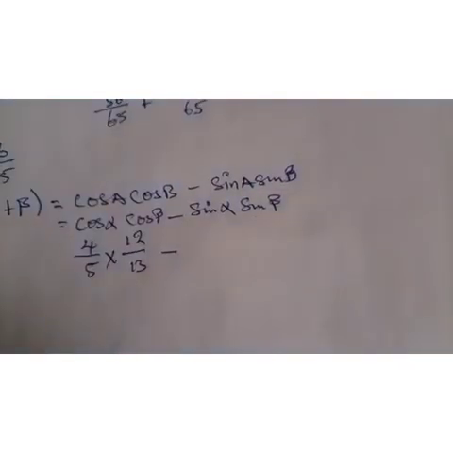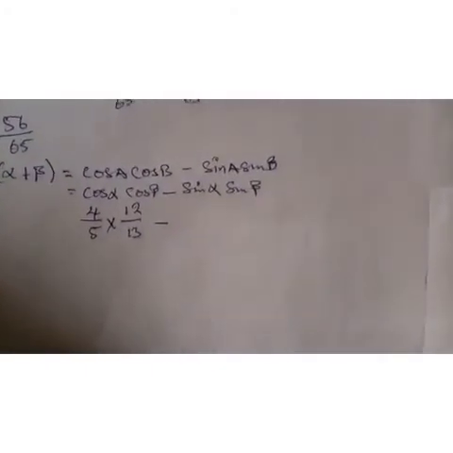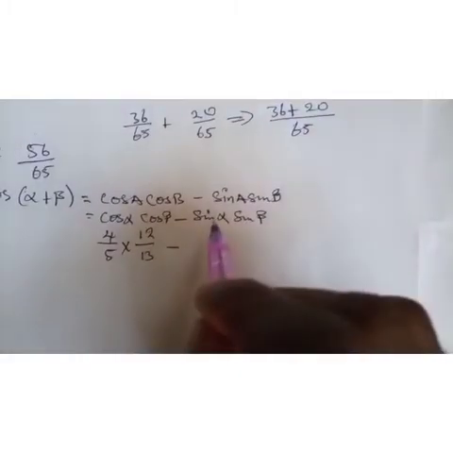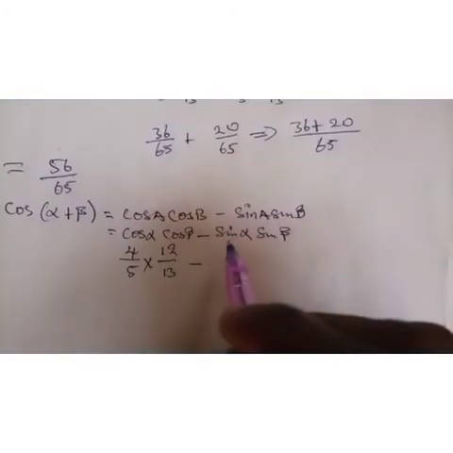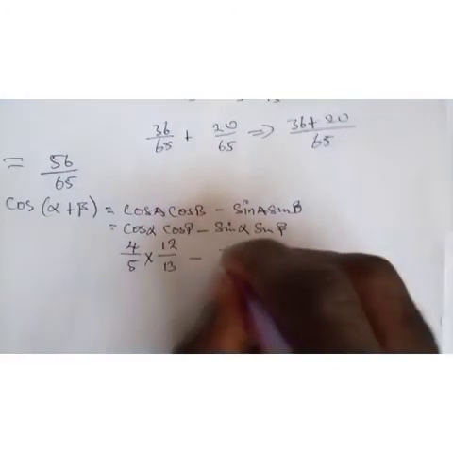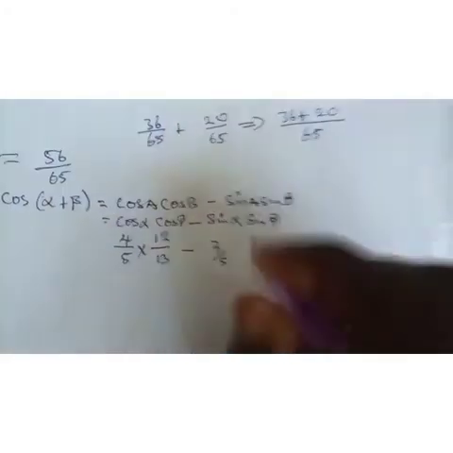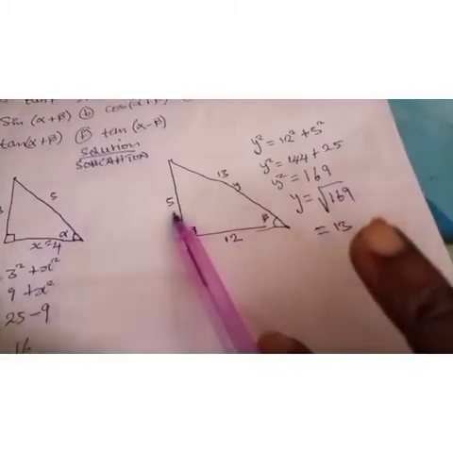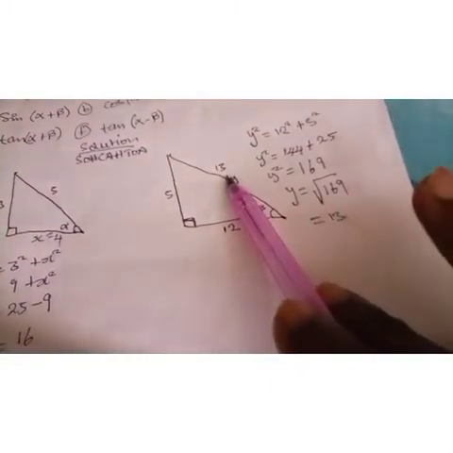Then we are going to subtract sine alpha, which as given in the question is 3/5, times sine beta. Sine beta, SOHCAHTOA, opposite over hypotenuse, that is 5/13.